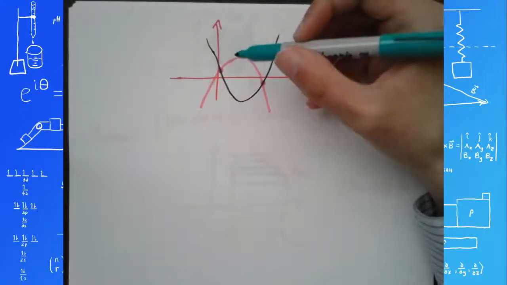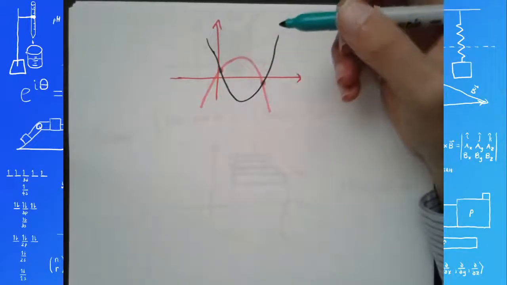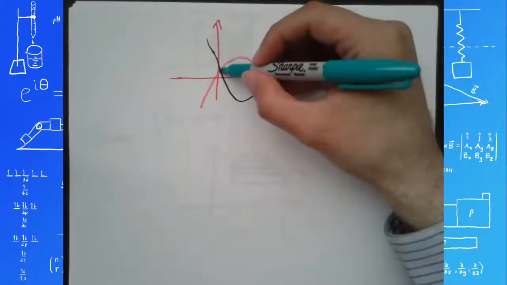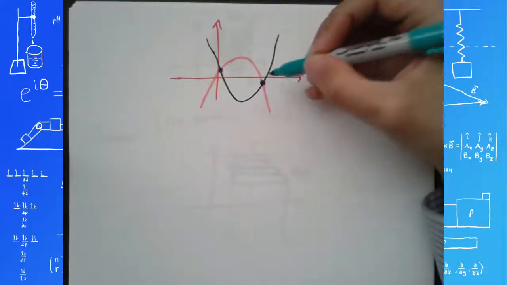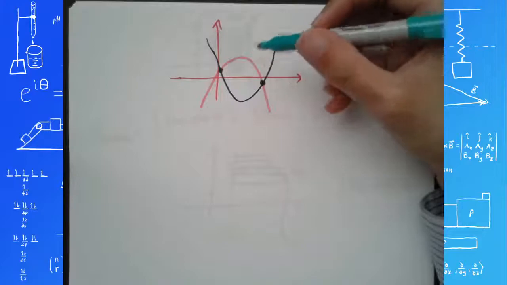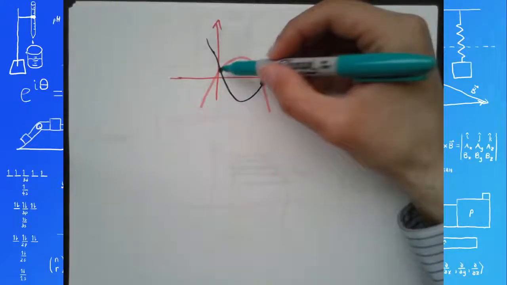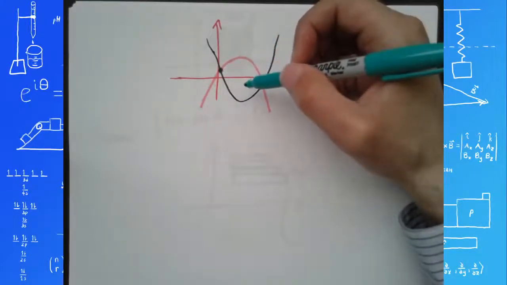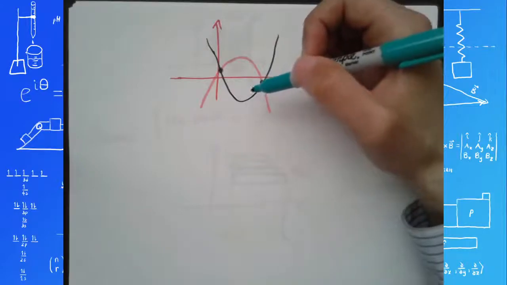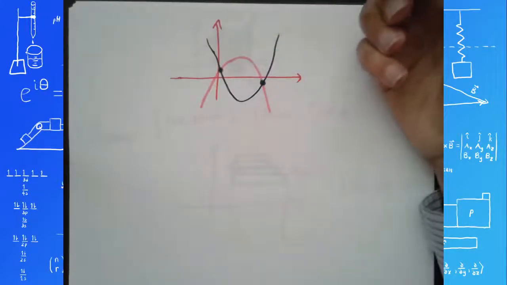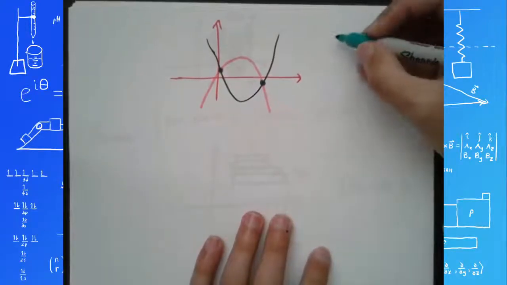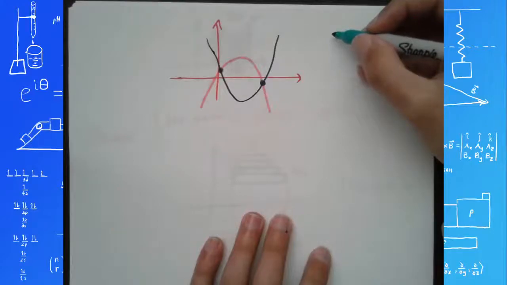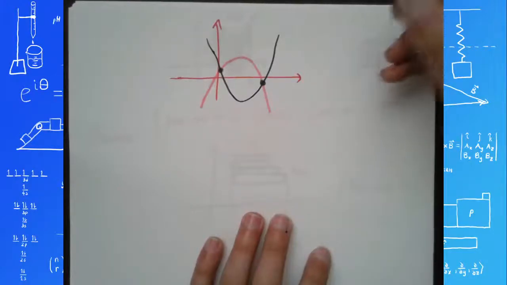So yeah, for these, you would just want to figure out where these intersections happen. Wherever two curves intersect, that means that at those intersection points, they have the same x's and the same y's. So all you have to do is set their y's equal to each other to find the x's at which they have those y's.